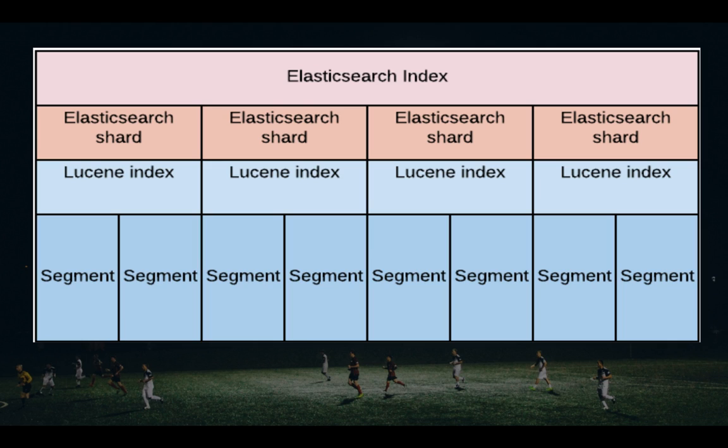In this diagram, you can see on Elasticsearch, at the top we have the index, which is nothing but a namespace, and which can be a combination of primary shards and replica shards.